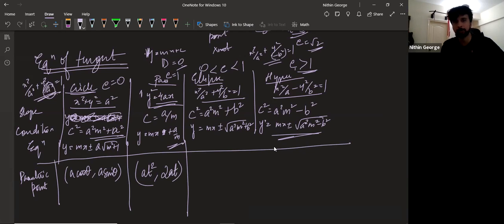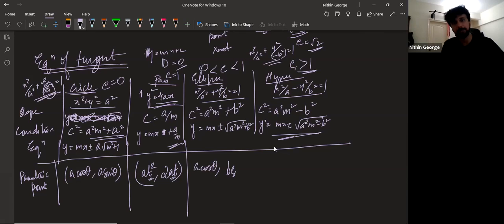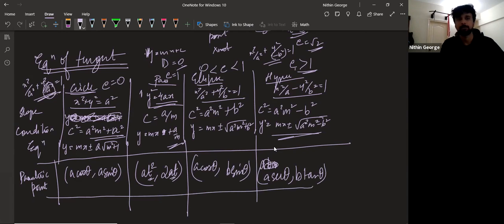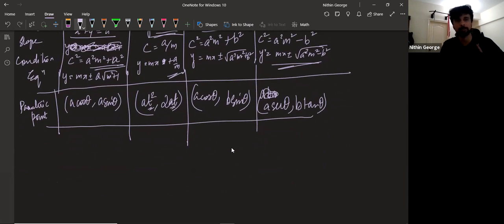For any point on the parabola, you just change the value of t. You will get different values. Okay. For an ellipse, it becomes a cos theta, b sin theta. For a hyperbola, it becomes a sec theta, b tan theta. Okay. So this is your parametric point, x1 comma y1 for any point on this.